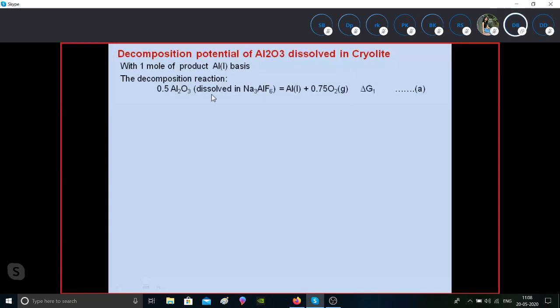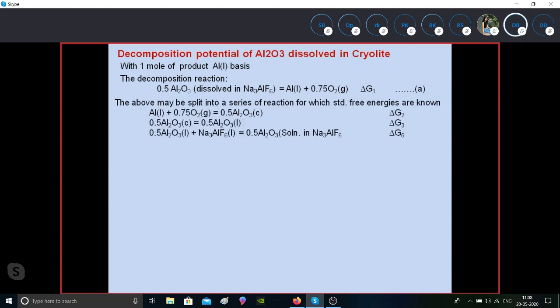In this, you have noted that the Al2O3 is in solution with cryolite. Therefore, it is not a one-stage process. It has to be a multi-stage process. Now, if I go to the fundamental reaction, alumina has to be produced.